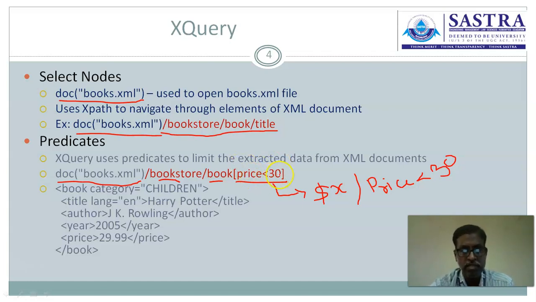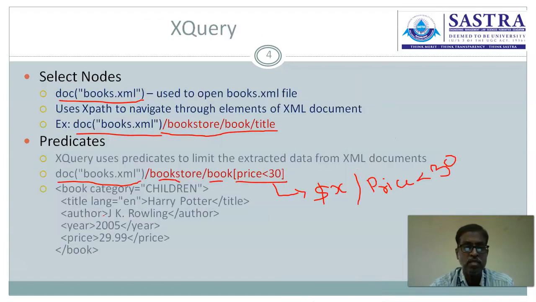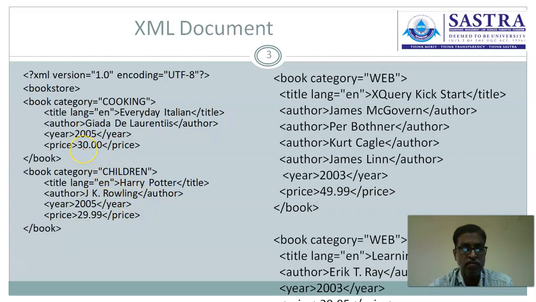When we are executing this statement, see the XML document, less than 30, only one book is available in the children category, right? In the children category, the first book is $30, this is $29.99, the third book $49.99, the fourth book $30.05.